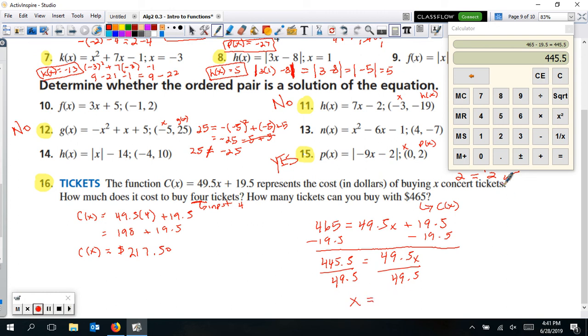So I'm going to take that and divide by 49.5, and that equals 9. So that means we have 9 tickets that we can buy. We want to put the word tickets there because that's what it's talking about. So 9 tickets on that one.